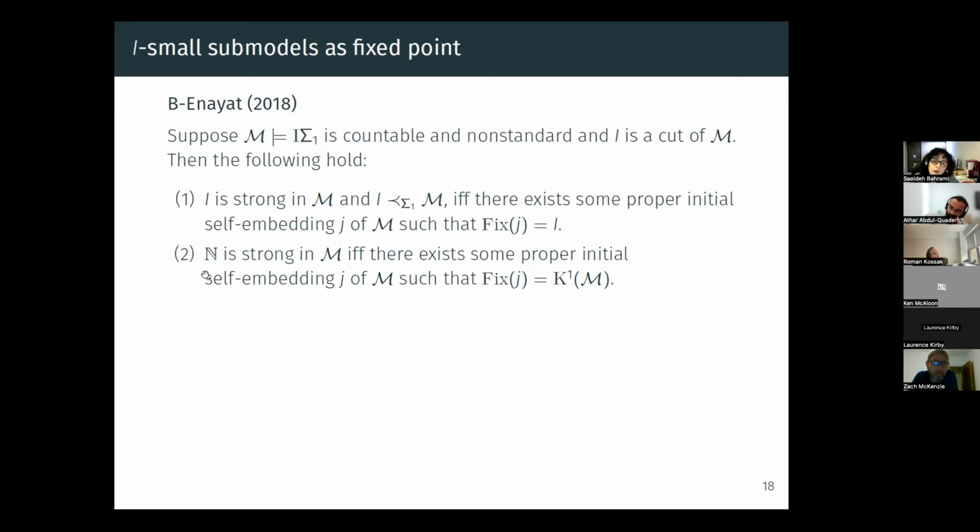And I am aware of work of Paul Gorbow, I'm not sure if I'm pronouncing his name correctly. In his dissertation he worked on initial self-embeddings of models of set theory. These are the works that I'm aware of. Mhm. Oh, thank you. Very interesting. Thank you so much.